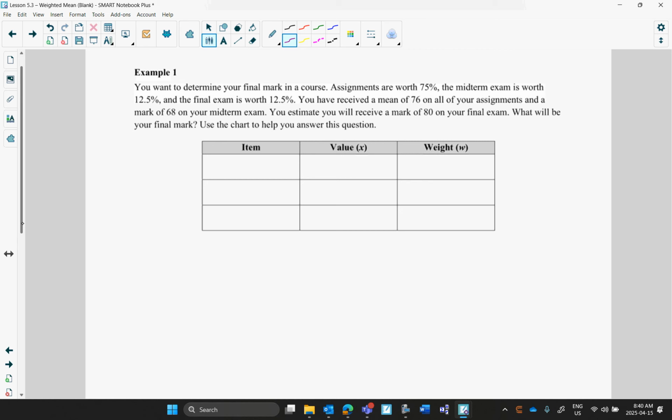So here we have another one. You want to determine your final mark in a course. This course has three categories of assessment. You've got assignments, and they're worth 75%. There's a midterm exam, it's worth 12.5%, and the final exam is also worth 12.5%.